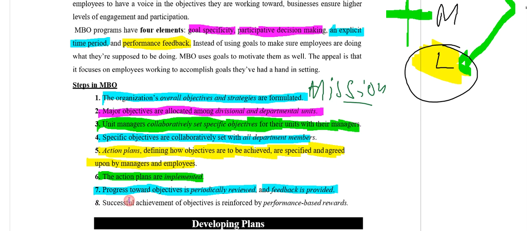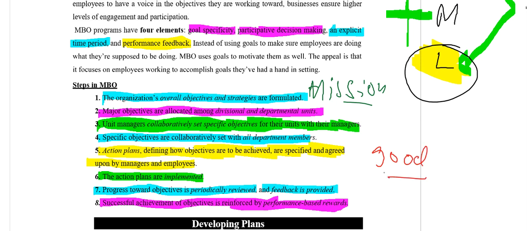Number 8, successful achievement of objectives is reinforced by performance based rewards. So students, as you know, if the performance is good, then it will be reinforced. We will do the same activity again, and we will also provide rewards to those who perform well.